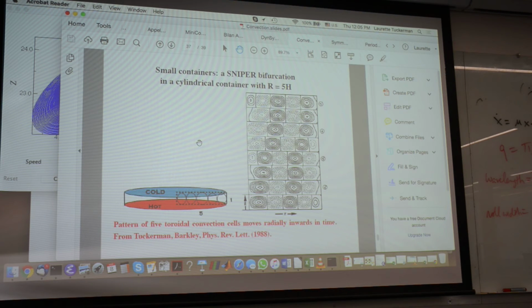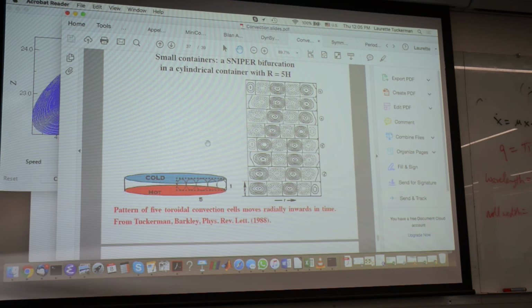This was my very first project after my PhD. This is convection in a cylindrical geometry. It's axisymmetric, and this is a slice. You can see through the axisymmetric, hot and cold, and you have these convection rolls. And in time, what's happening is the rolls are moving out, and you have the formation of a new little one at the center, and they're annihilated as it gets to the end.